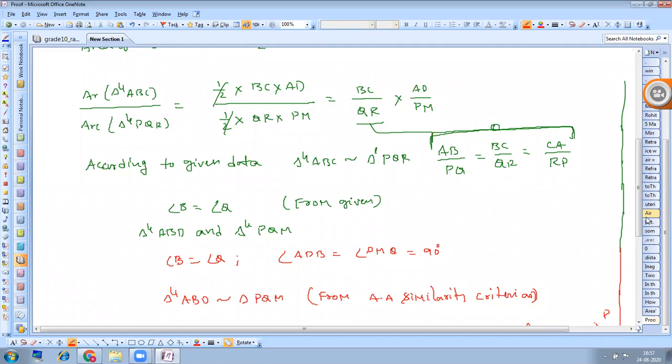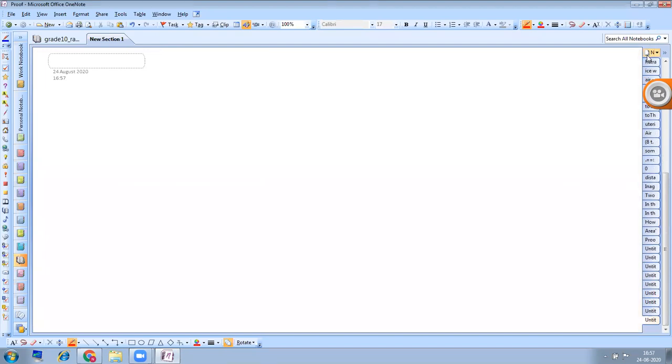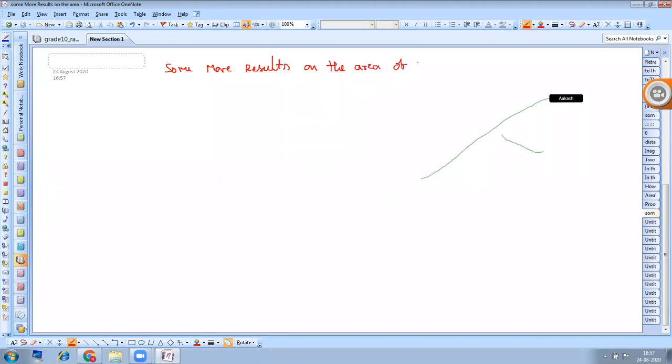We can conclude many more statements from this concept of the area of two similar triangles. Those are not theorems, we can say they are corollaries or applications of the areas of corresponding similar triangles. So the first one we will see: some more results on the area of two similar triangles.